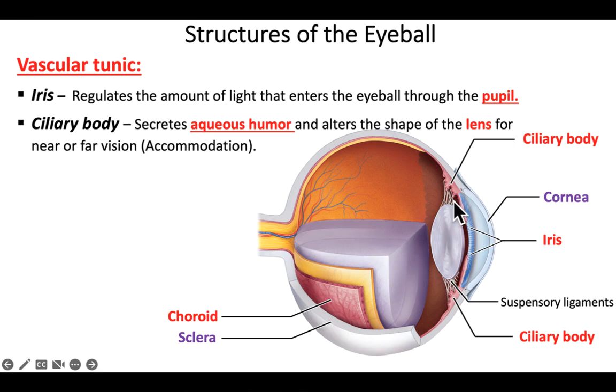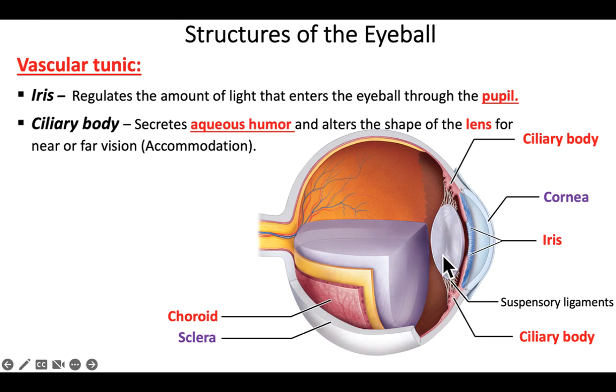The other one, you'll notice it has little fibers called suspensory ligaments that attach to the lens. So the other function of the ciliary body is to adjust or alter the shape of the lens. And that's so you can bend the light either more or less. So the cornea you can't really adjust. It's going to bend light the same no matter what.